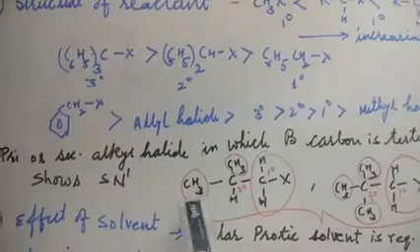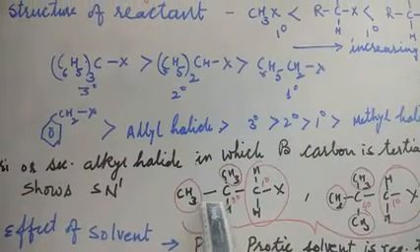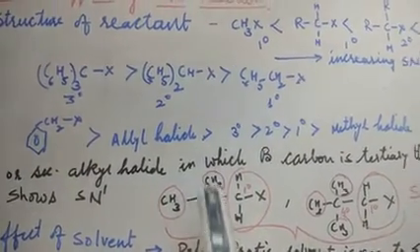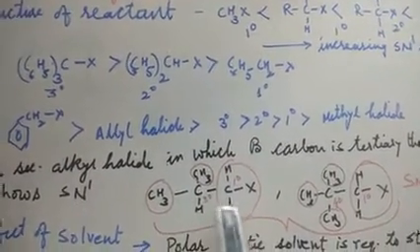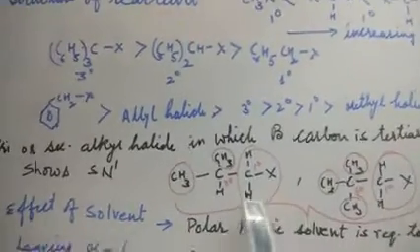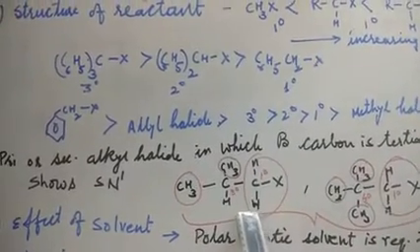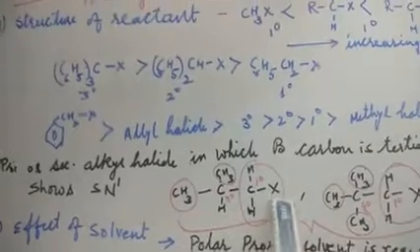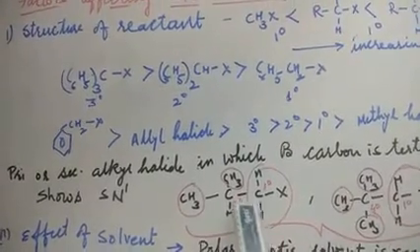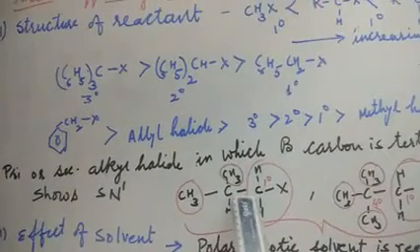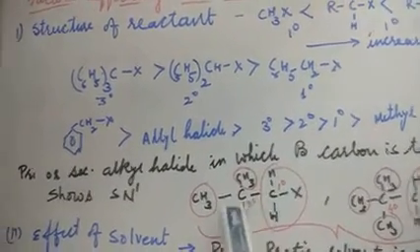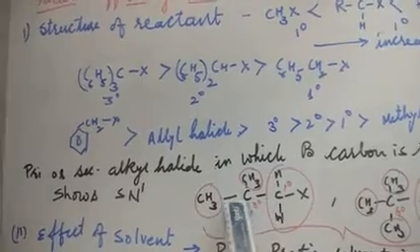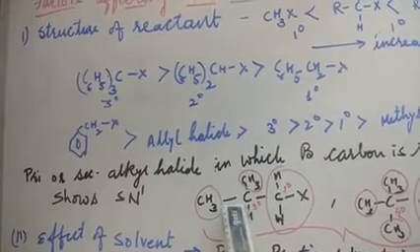Suppose here CH3, C, CH3, CH, CH3, and this is the compound where you are observing that X, the halide, is attached with a primary carbon, but its beta carbon, this is alpha, beta carbon is showing tertiary nature.